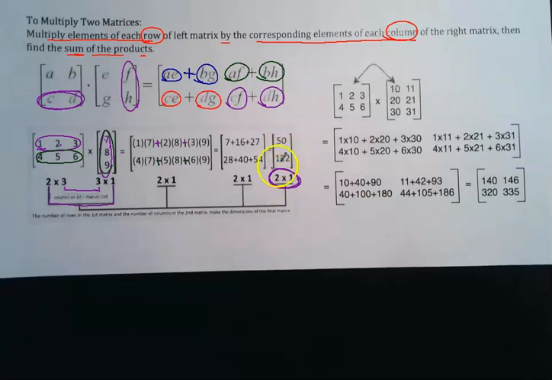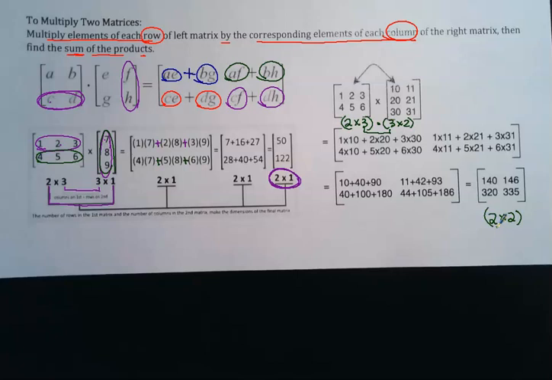So I end up with that 2 by 1 matrix. In the last example, this one is a 2 by 3 matrix times a 3 by 2 matrix. So our inner numbers are a match. Our product should be a 2 by 2 matrix. Sure enough, we have a 2 by 2 matrix here.